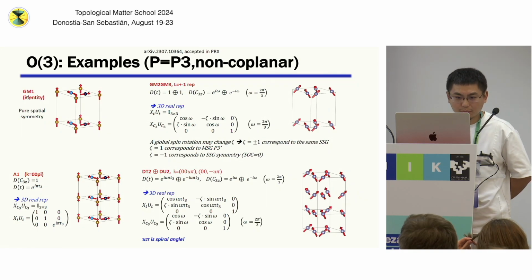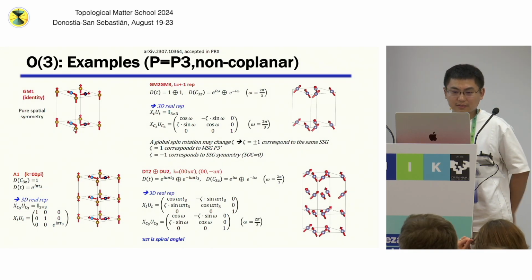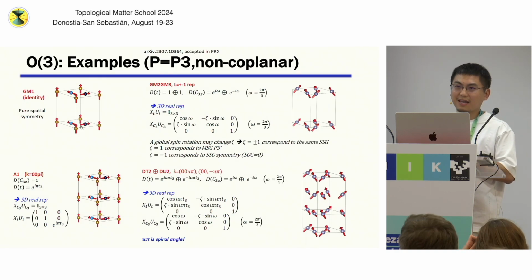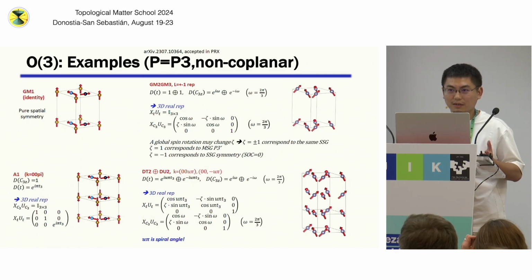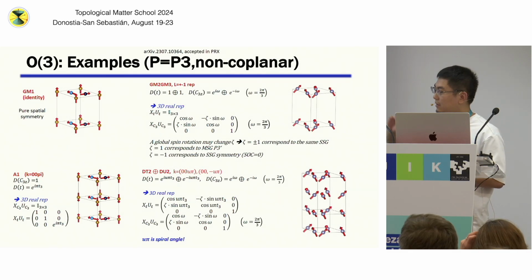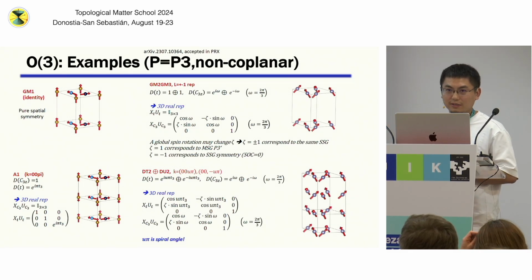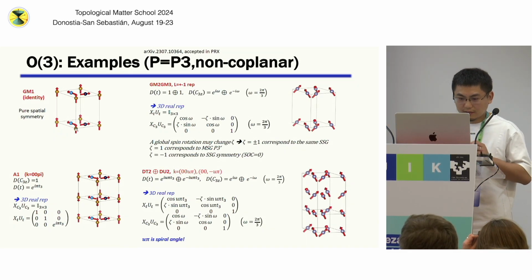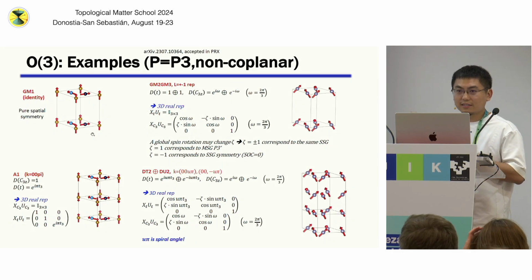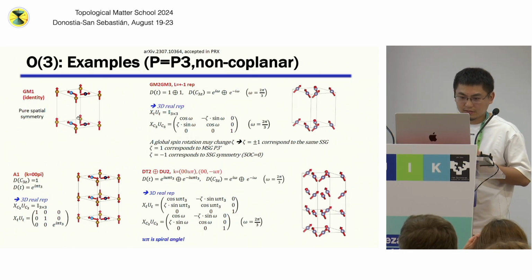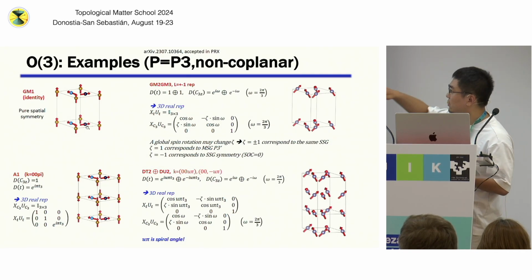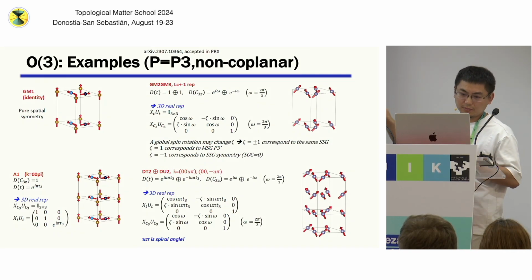It's the identity representation. So that means when we rotate the atoms, we do nothing to the moments because the spin operator is identity, so it does nothing. So all these atoms locate at the C3 invariant positions. All three, the yellow, the blue, and the black atoms, all of them locate at C3 invariant positions.